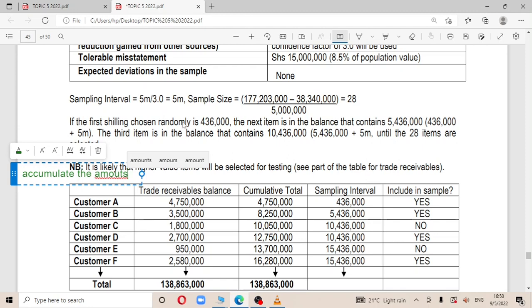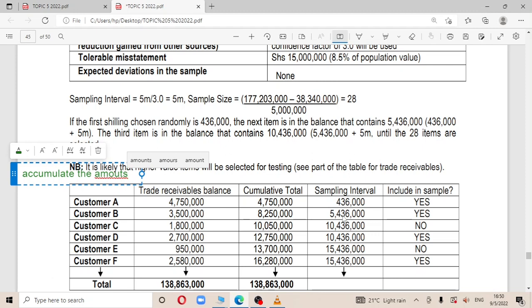So if we start with the 4.36, if our first amount is 4.36, and our interval is 5 million, we keep adding 5 on each amount. So from the 4.36 we add 5, we get 9.4.